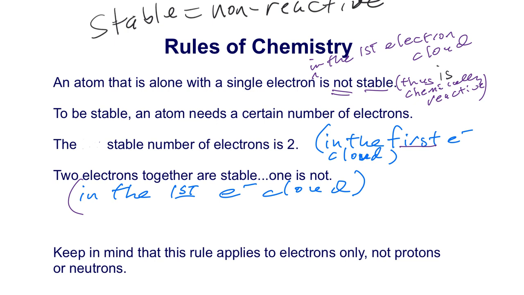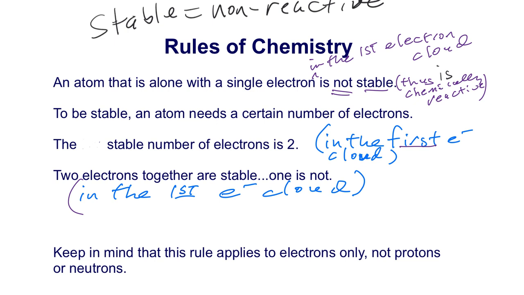Now, what makes you unstable is if your outer electron shell is unfilled. So if the outermost electron shell that an atom has electrons in already is not filled up, that atom is unstable.